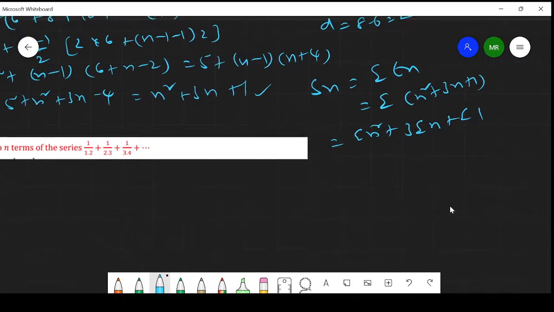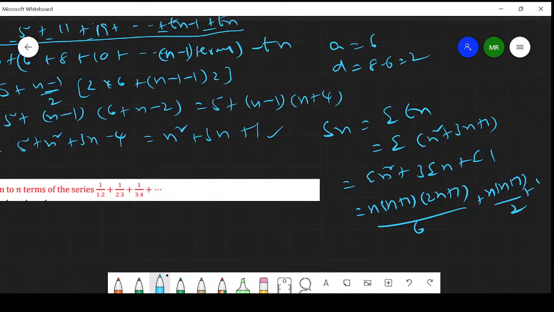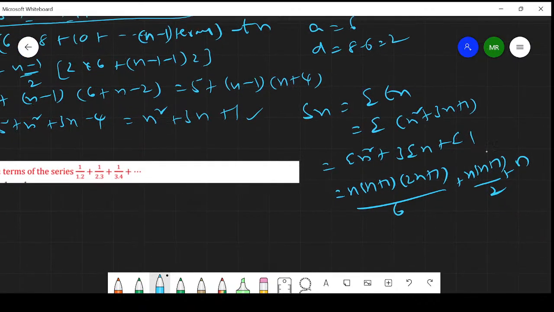Sigma n square is n into n plus 1 into 2n plus 1 by 6, sigma n is n into n plus 1 by 2, and sigma 1 is n, because 1 is added n times.